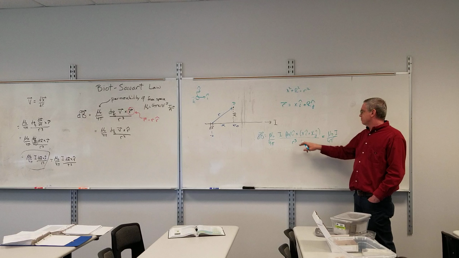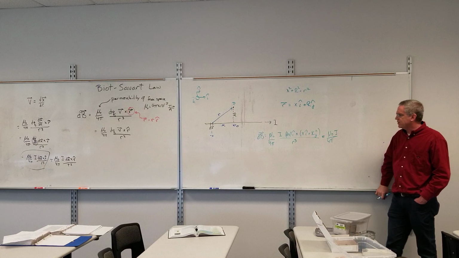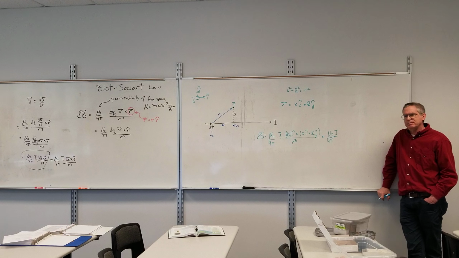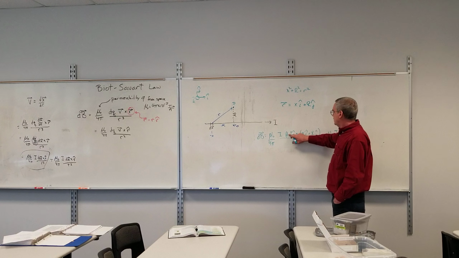All right. So dx i hat cross x i hat plus R j hat. What is that? Probably doesn't help that I'm using x's and crosses, but let me make my x's a little bit fancier here.